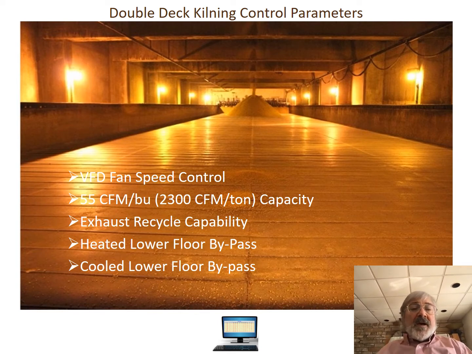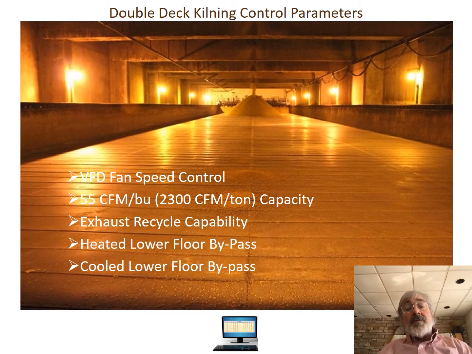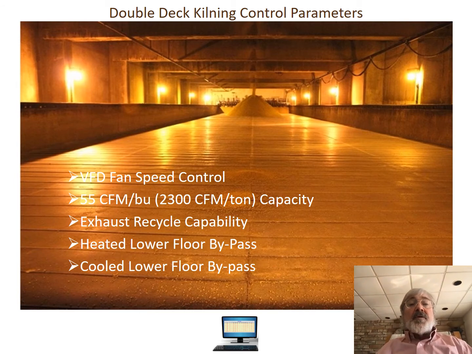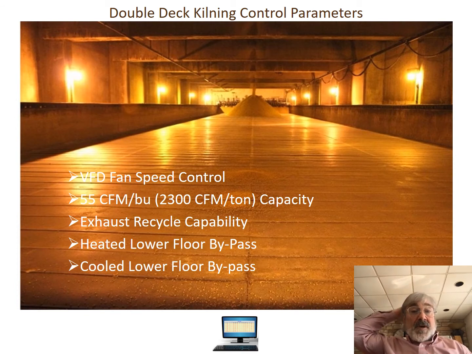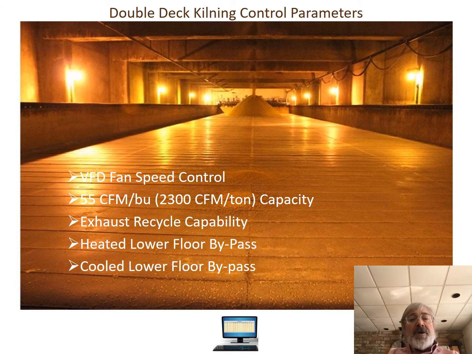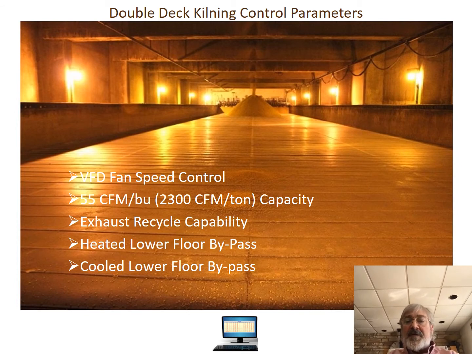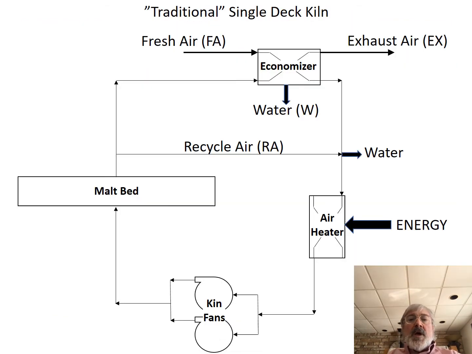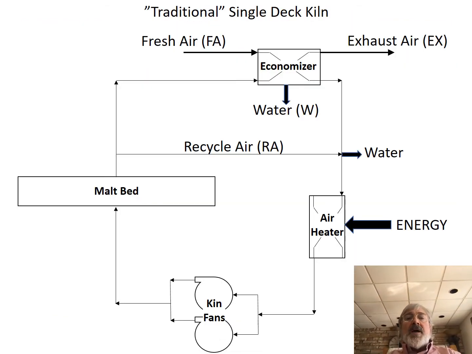This kiln actually has heated and cooled lower floor bypasses. So there's a lot of things you can do with these kilns, but if you don't know what you're doing, you can make a big mess with all this control capability.